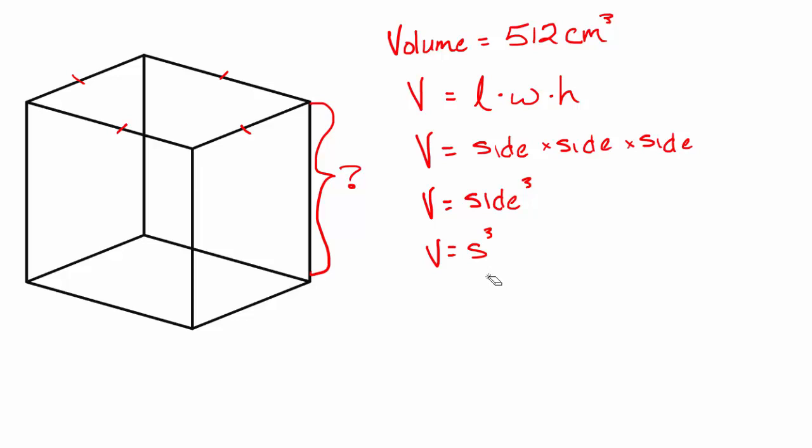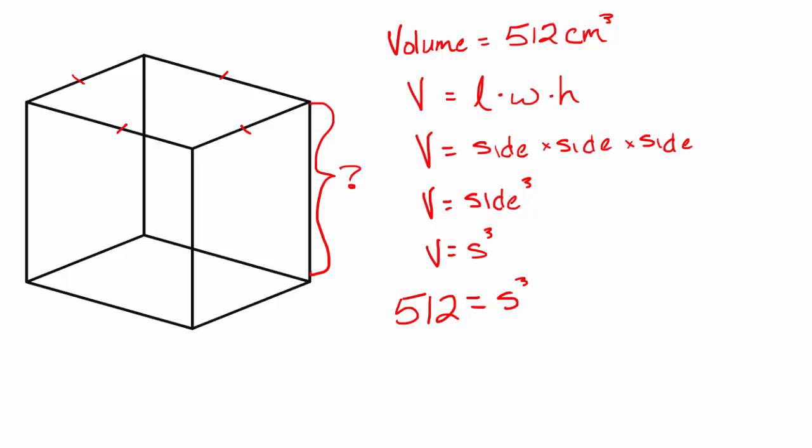Now if I know the volume, because it's given to me, the volume is 512, I can substitute 512 for v, because volume is v, and I know that the volume is the same as all of the sides multiplied together.